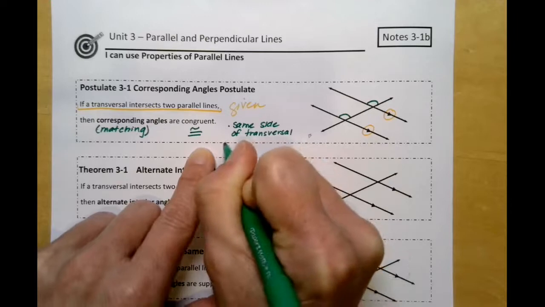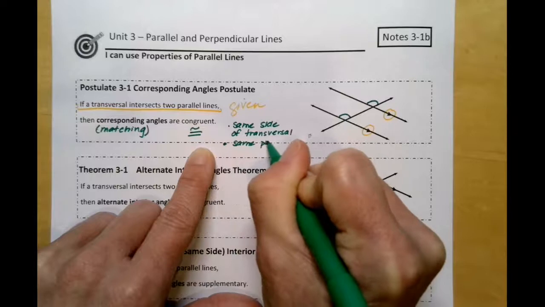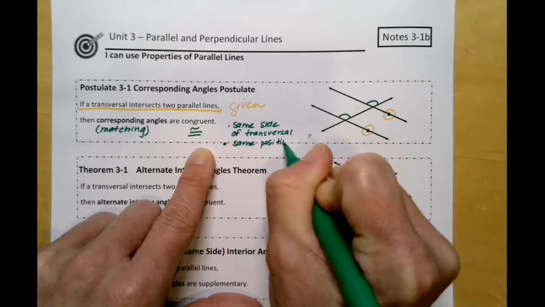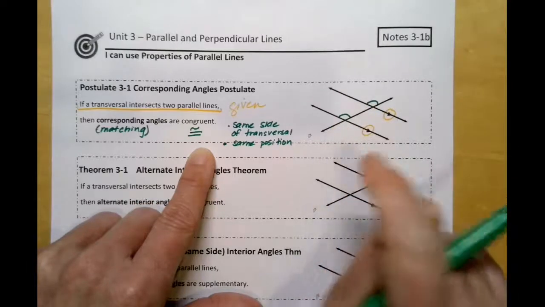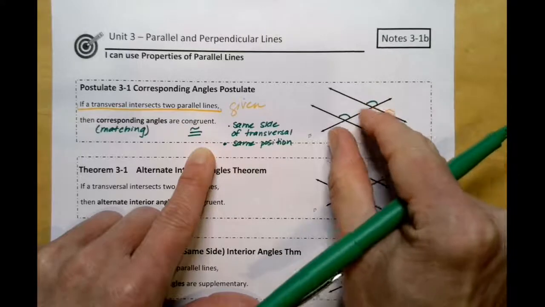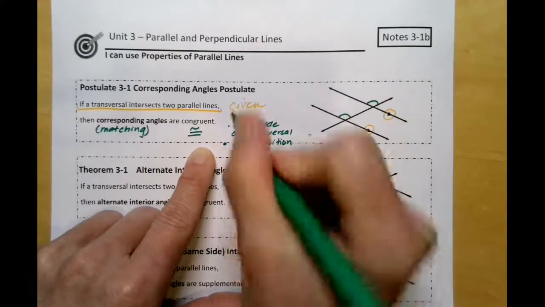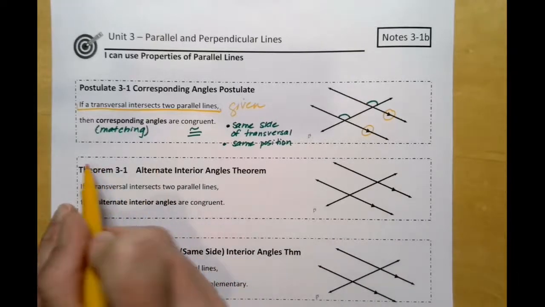And we're talking about angles that are in the same position of their lines. See how these are both sitting on top of. So there are four sets of corresponding angles, 1, 2, 3, and 4, with each set of intersecting lines and transversals. All right, so again we have this same given.